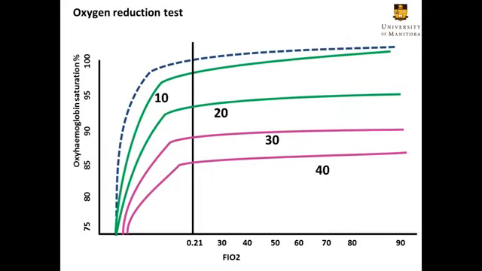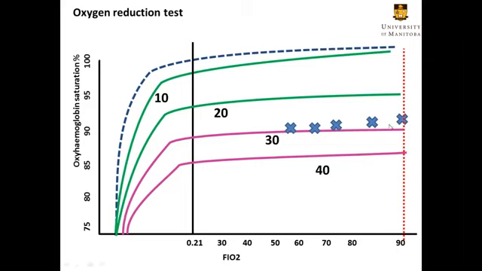So if we apply an oxygen reduction test on the infant with right to left shunt, you start with a point almost at 90% FiO2, and wean down step by step, 85, then 80, and then 70, 65, and you check the saturation.